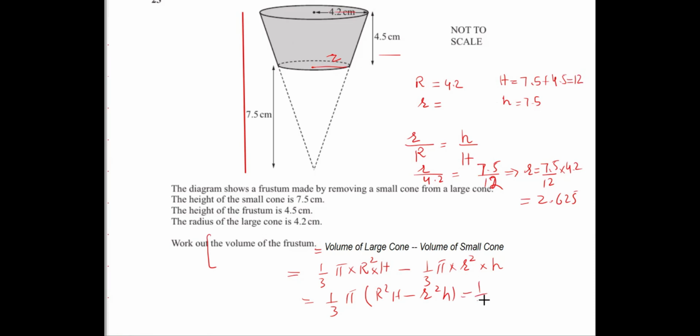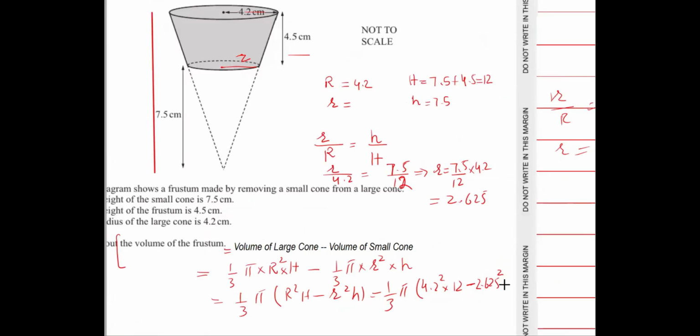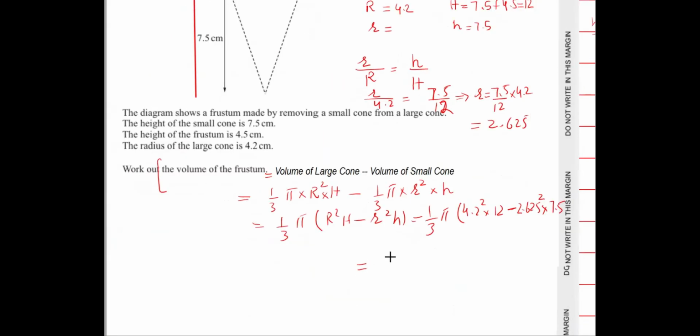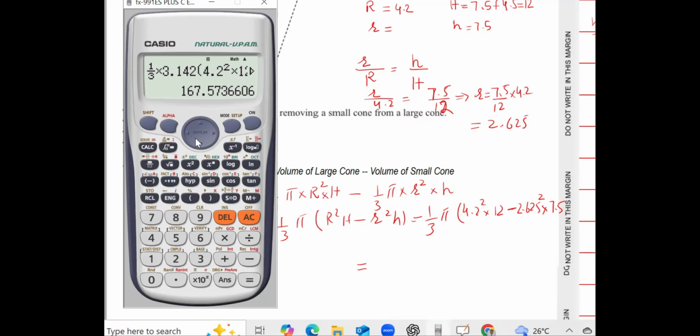This will be equal to 1 over 3 pi into capital R is 4.2 squared into height capital H which is 12, minus radius of small cone 2.625 squared multiplied by height 7.5, and this value will be equal to 167.57.